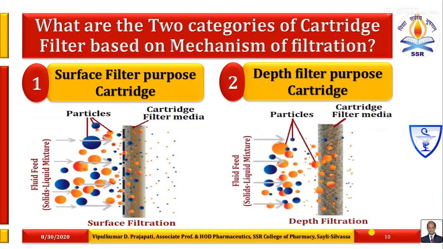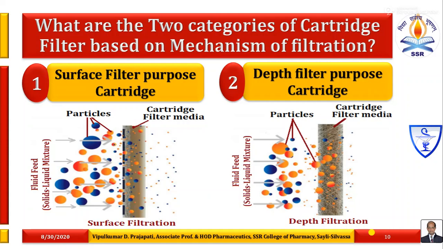And in a depth filtration type cartridge filter, the solid particles which are large in size are retained on the surface and smaller particles travel and impinge and are entangled in the number of layers in the depth of the depth filter.